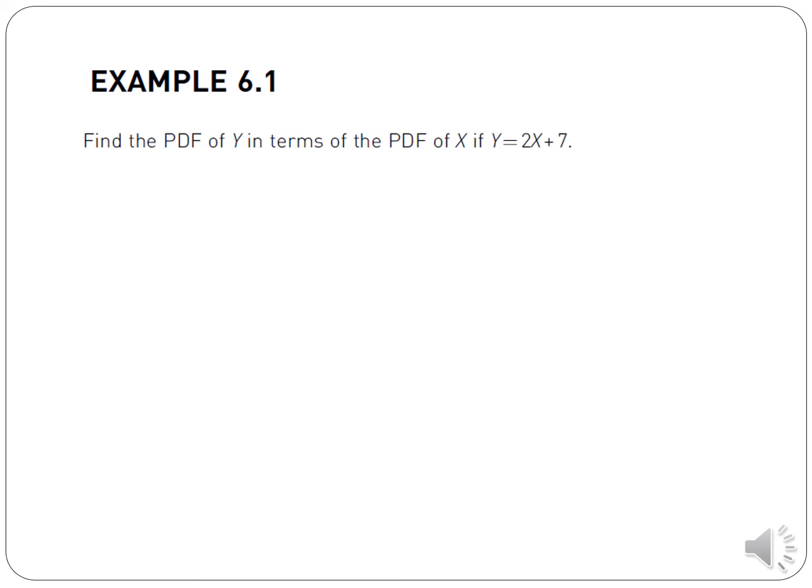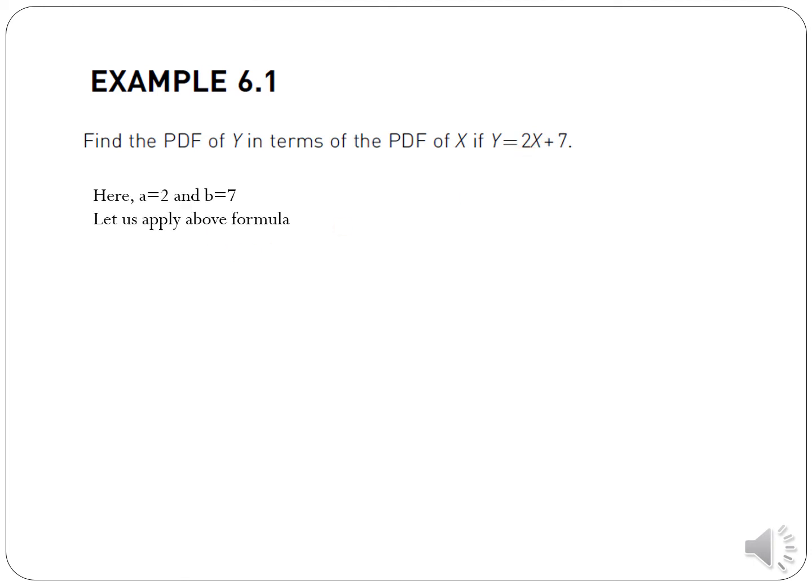So let's find the distribution of a random variable Y, given that Y is equal to 2x plus 7. Here Y is a function of x. Now we are going to derive the CDF and PDF of Y in terms of fx, small fx and capital Fx. Here we are not giving any particular distribution for x, we are just using the symbol.